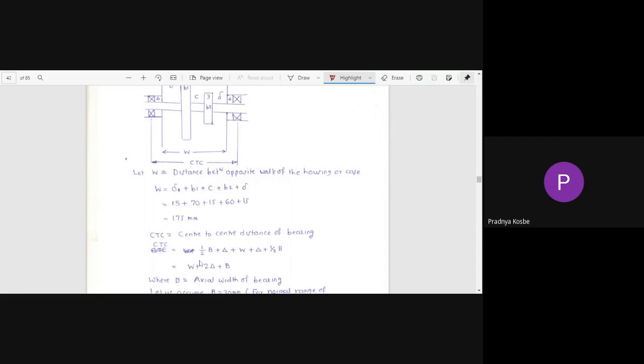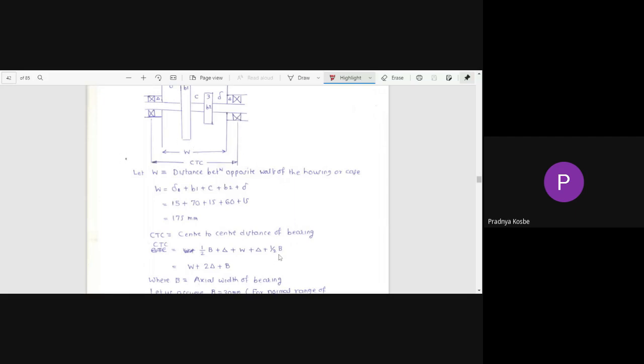And it is equal to half B, capital B, where B is the axial width of the bearing. Okay, so half B plus delta plus W plus delta plus half B, half of the bearing width, because we are taking center to center.